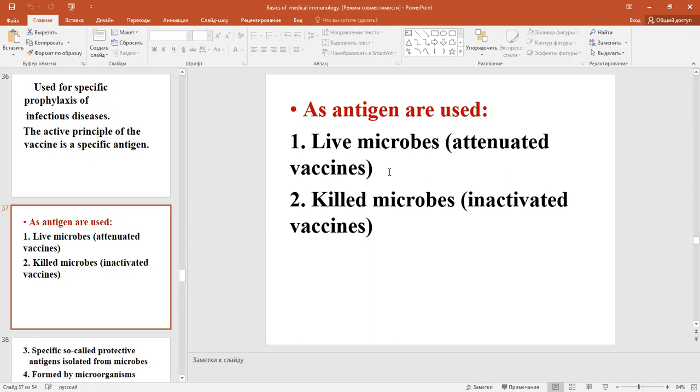And after him, the vaccine against tuberculosis was produced by Calmette and Guerin. They developed the BCG vaccine, and the abbreviation BCG means Calmette and Guerin bacillus.